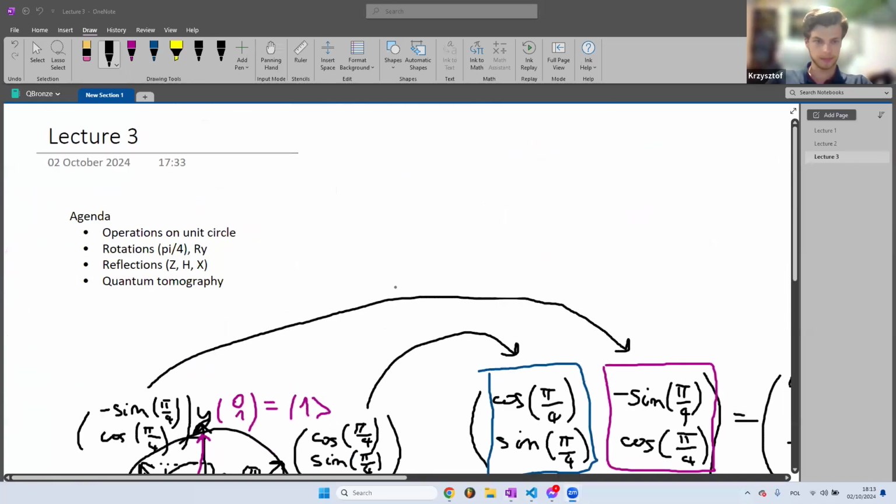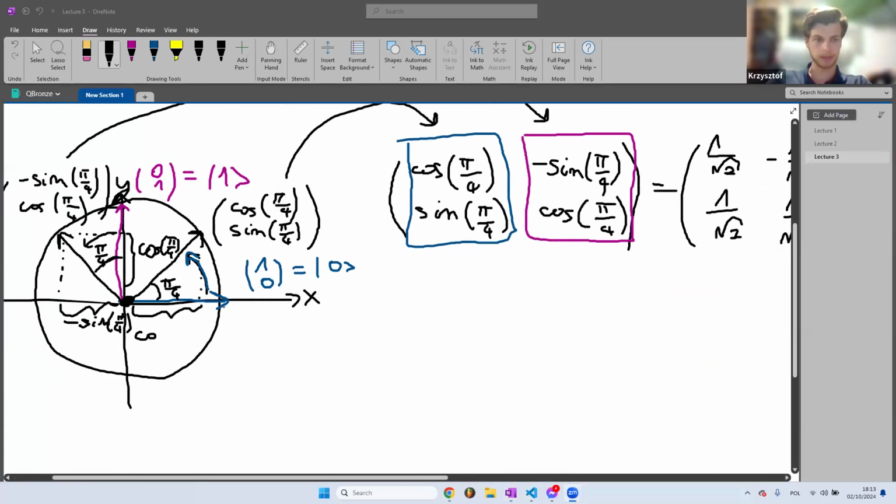So yes, but in general, we can apply a rotation about some different angle using the matrix cosine of theta, sine of theta.